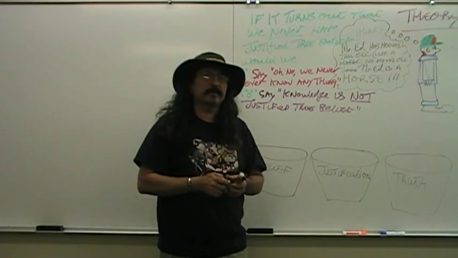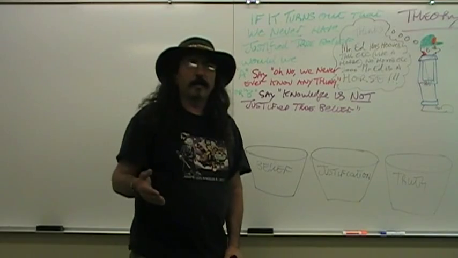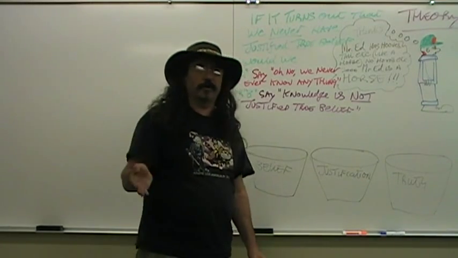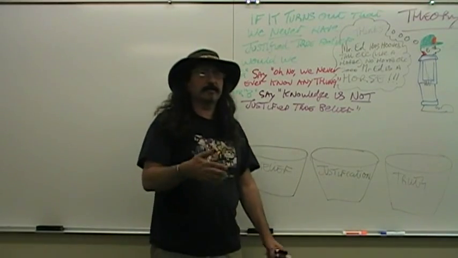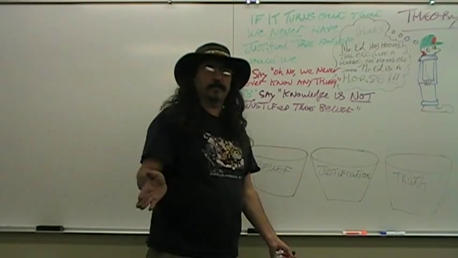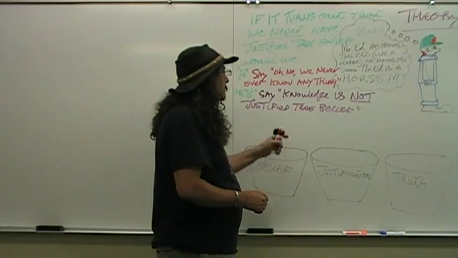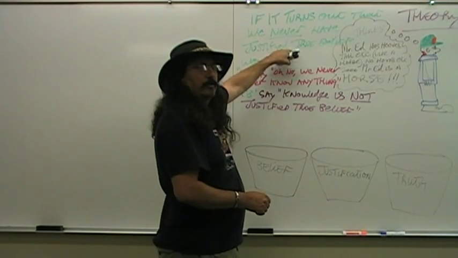Would we say, well, there's this thing we call knowledge that we wish we could have, but we never have it, so we might as well not talk about it? Or would we want to say, there's this thing we call knowledge that we do have sometimes, and it's not this justified true belief business, that this is the wrong definition of knowledge?